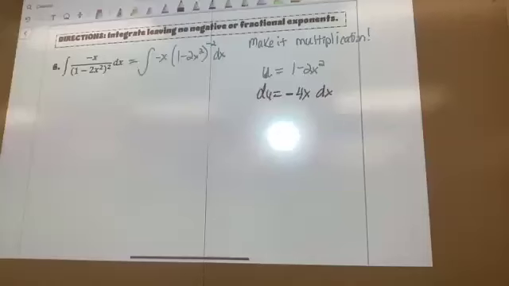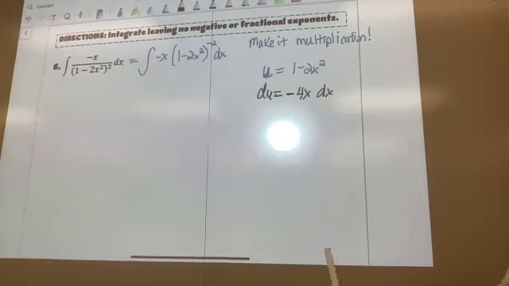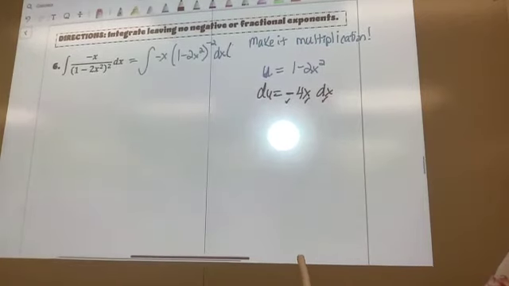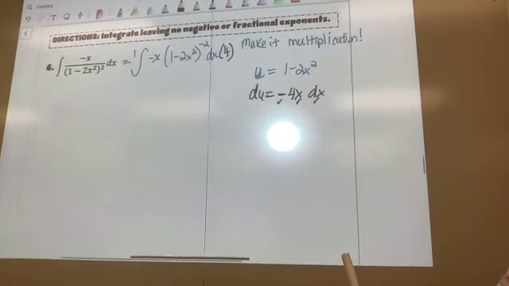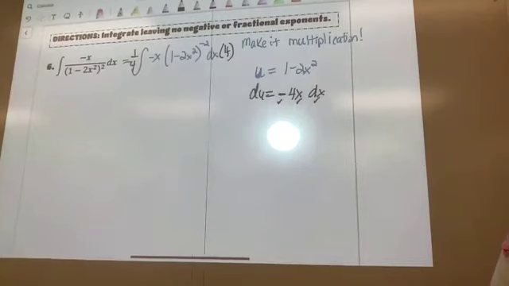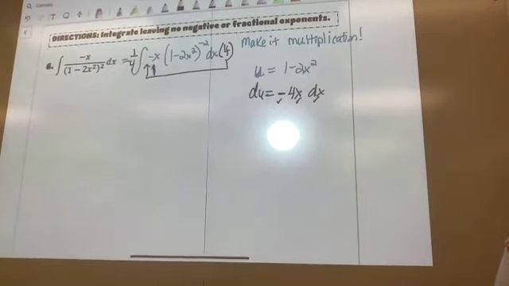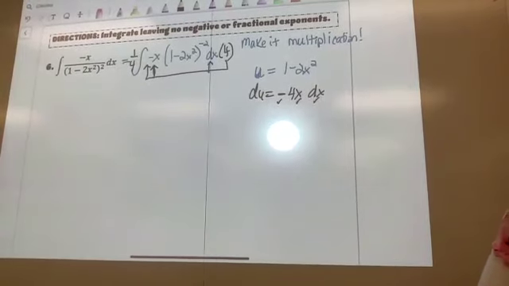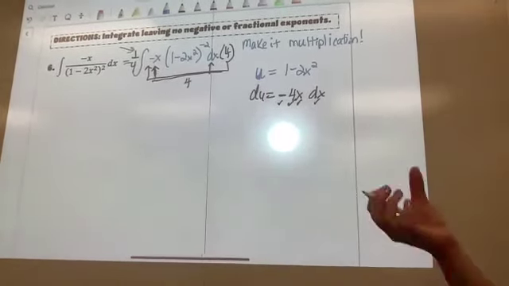Okay. Now, I need to compensate for a what? 4. I have my negative, I have the dx, and I have the x, right? So I multiply by 4 and then times 1/4 outside the integral. So now I have my du is the negative, the x, the dx, and the 4. I have everything now, and I've compensated for it out here. 1/4 times 4 is still 1.